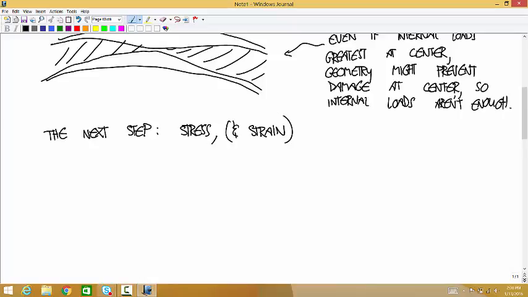Stress is a measure of load, and strain is a measure of deformation. And stress and strain are both properties at a material point.